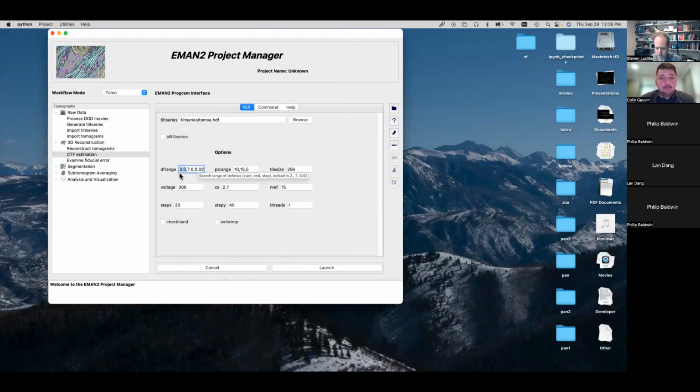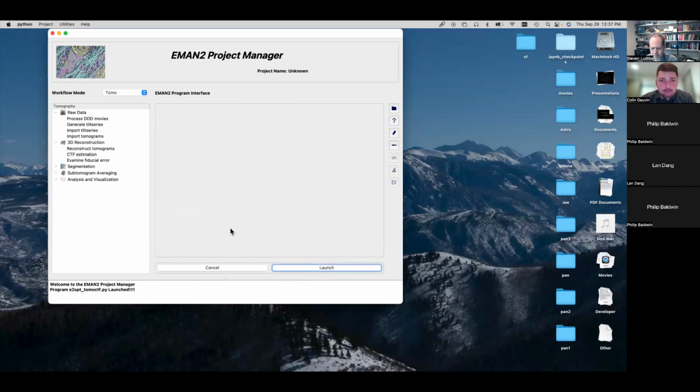If you do that, you need to take that into account in the search range. This is used if you have a phase plate, that's the phase shift range. Then voltage, and Cs, assuming you don't have a Cs corrector, that's for Krios.